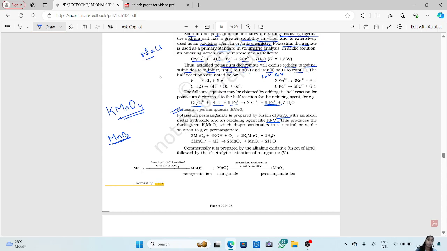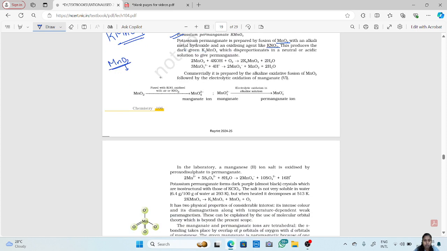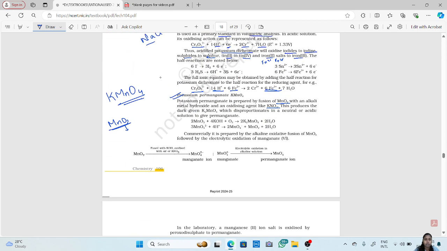Since K2Cr2O7, that is potassium dichromate, is prepared from chromite ore, for KMnO4, that is potassium permanganate, we use MnO2 ore, which is known as pyrolusite ore. MnO2 is known as pyrolusite.